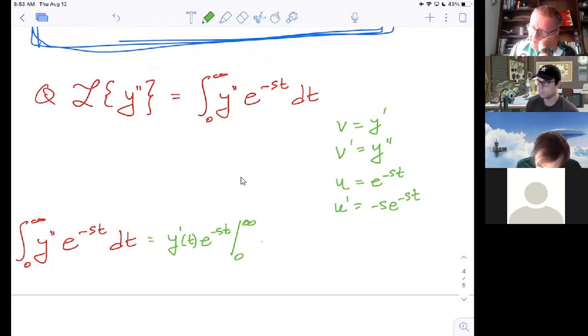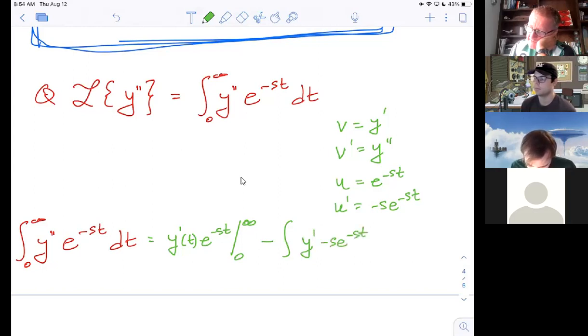And then it's always minus the integral of u prime v. I'm sorry, u prime v, so v is y prime, and u prime is negative s e to the negative st, but then let's pull that negative s out front again.